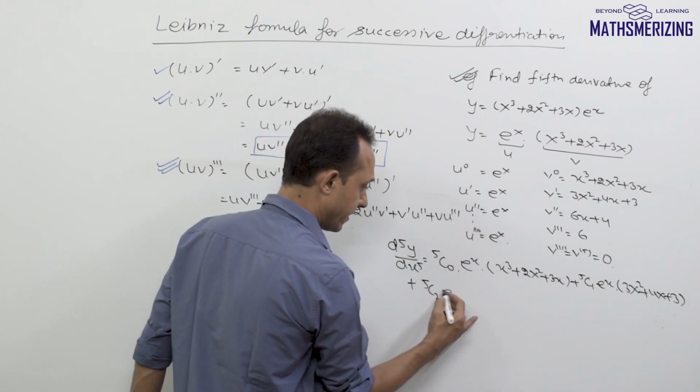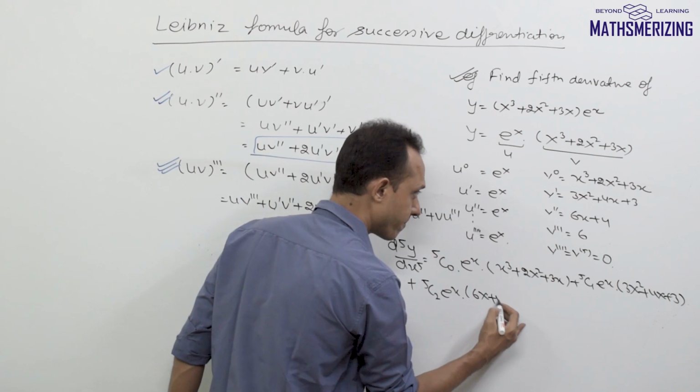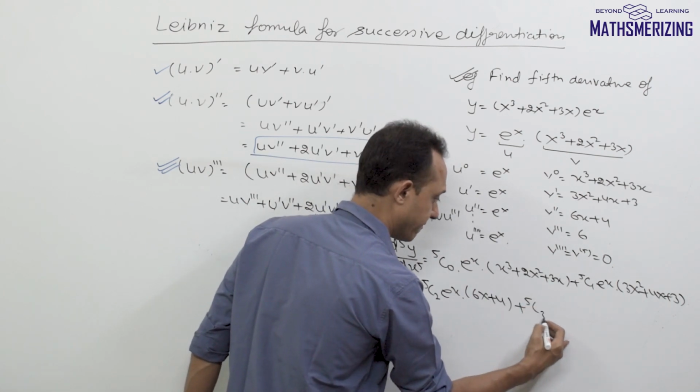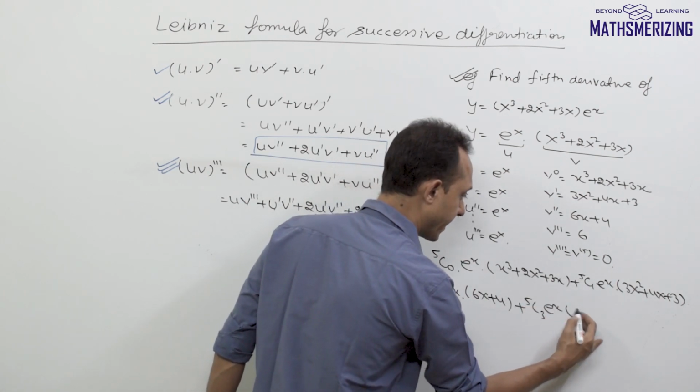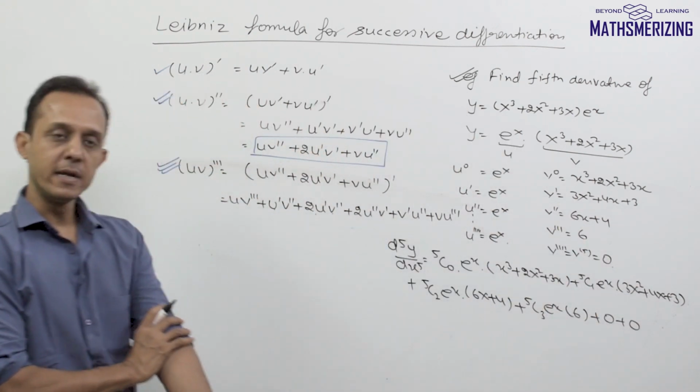Now third derivative again e to the power x, and here it will be 6x plus 4. Next one will be 5c3 e to the power x into 6, and remaining two terms will be simply 0.